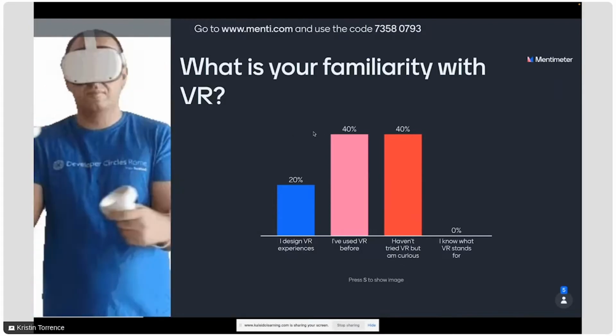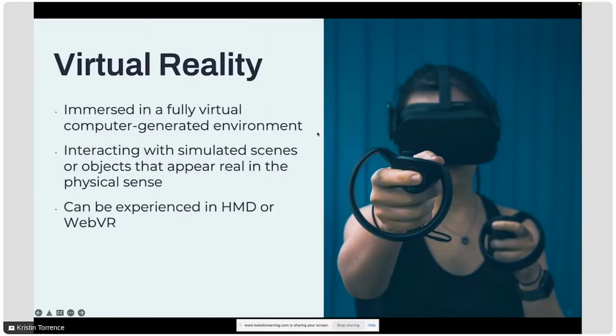All right, so it seems like for those of you who haven't tried virtual reality yet but are curious, virtual reality is defined as an experience of feeling really fully immersed in a virtual computer-generated environment. Users in these environments typically interact with simulated scenes or objects that appear real in the physical sense.